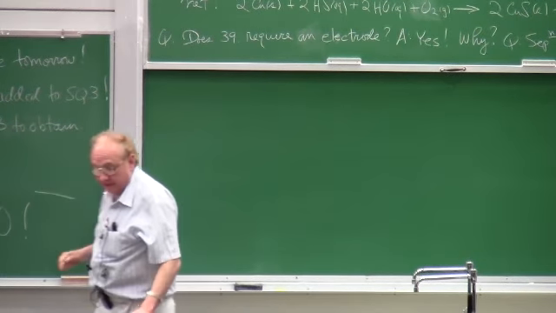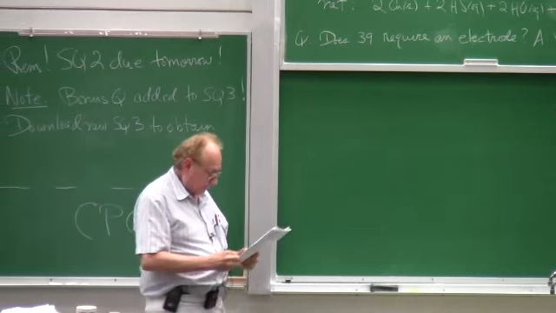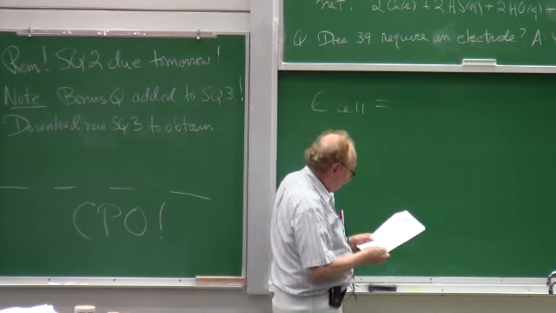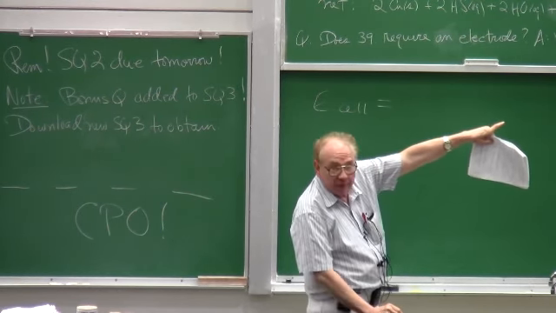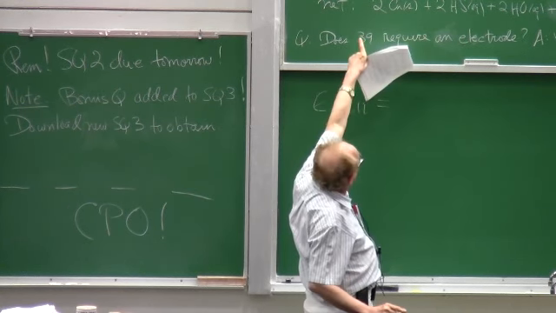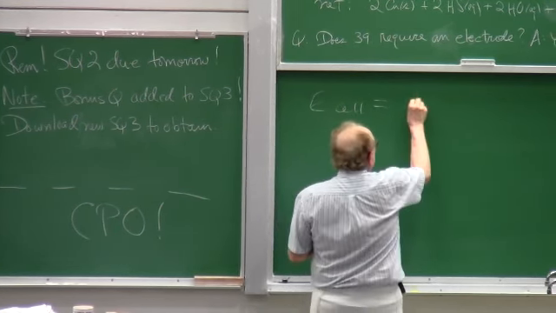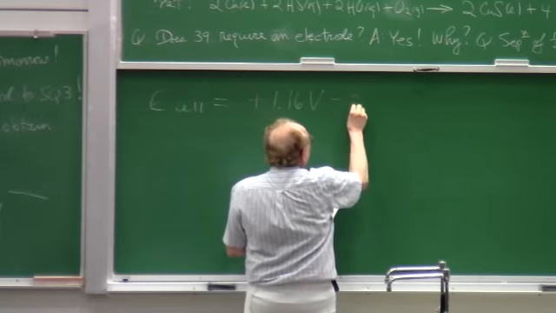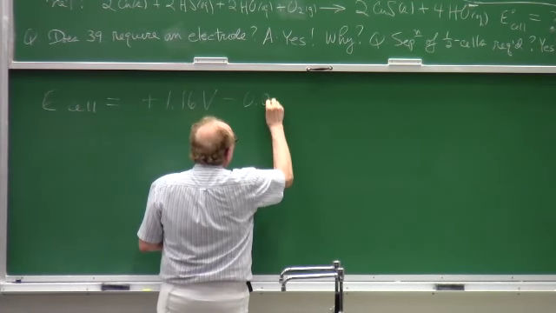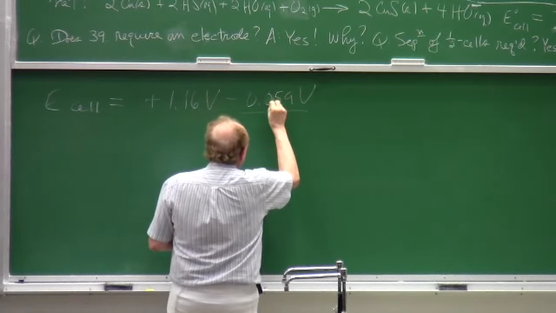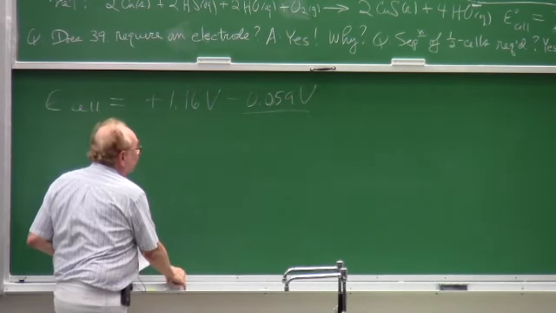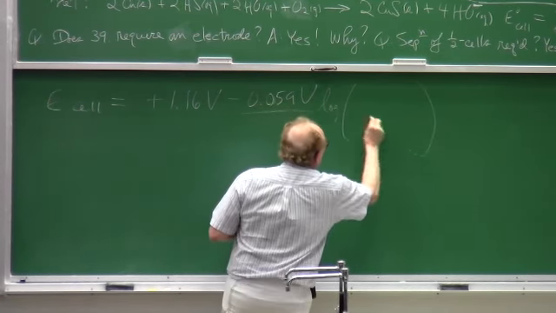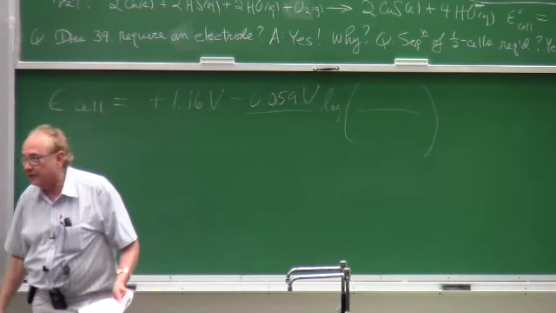Okay, now let's get further at this system. If we choose to use 0.40 volts as the standard electrochemical potential for 39, then I will get plus 1.16 volts as the E0 for this system, minus 0.059 V times log Q divided by N. What's N?